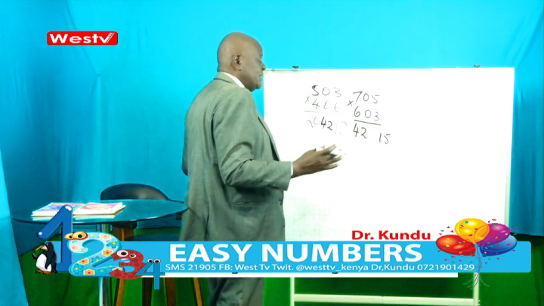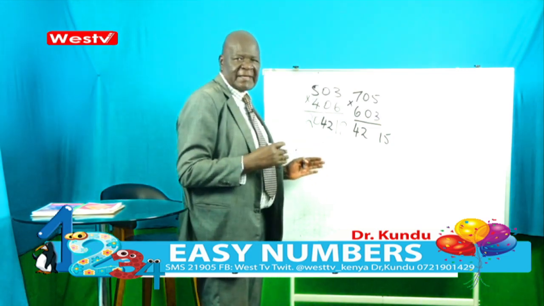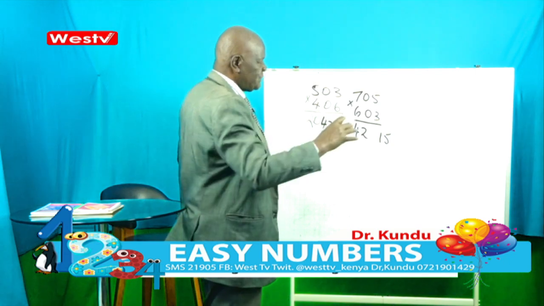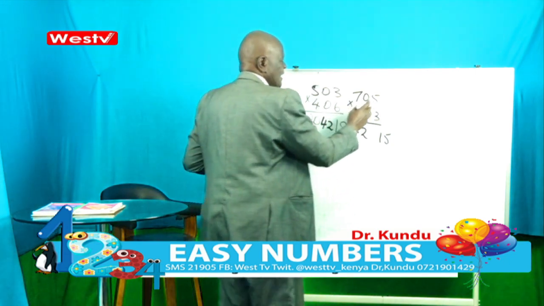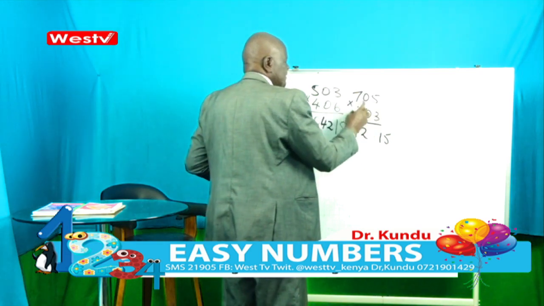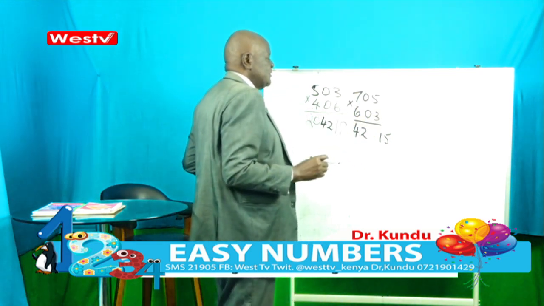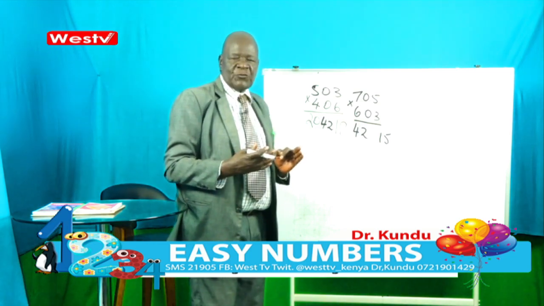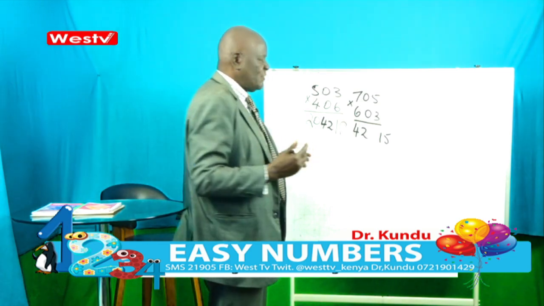So the answer begins with 42 and ends with 15. The center, you cross multiply. 6 times 5 is 30, plus 3 times 7 is 21. So you are saying 30 plus 21 is 51.